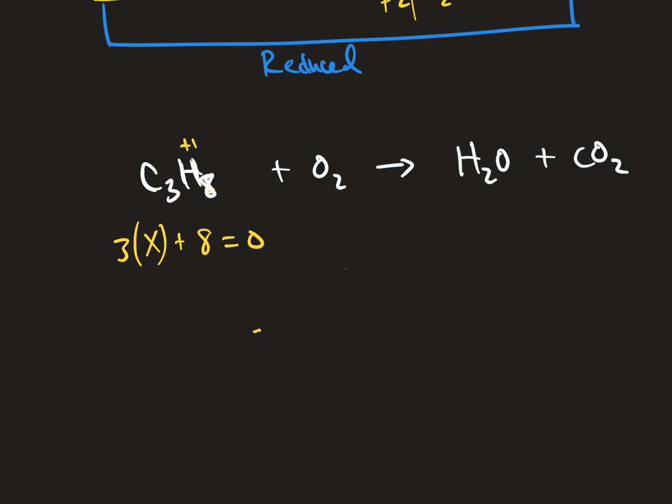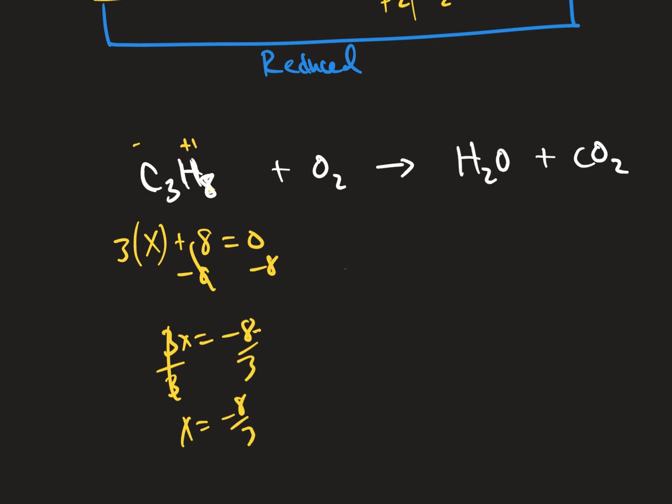Okay? Now we subtract 8 from both sides, and we get 3x is equal to -8. Divide by 3 on both sides, and we get x is equal to -8/3. Can we have fractions? The answer is yes, we can. We don't like them, but we can. Okay?